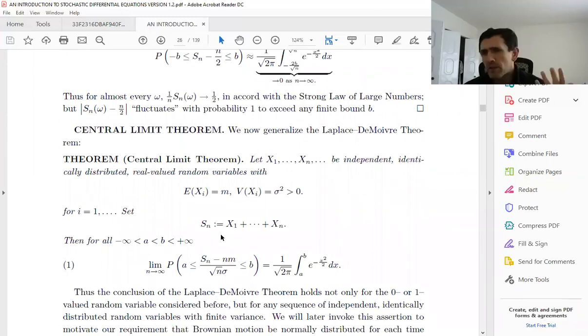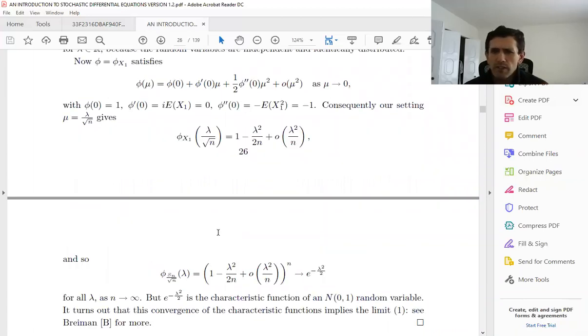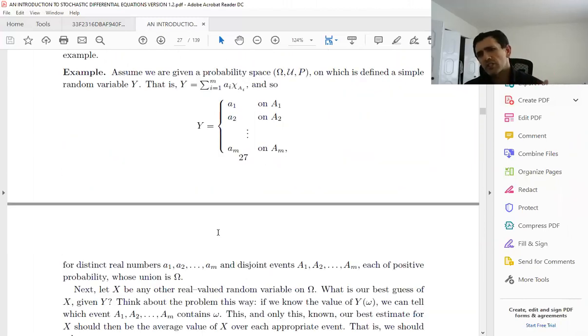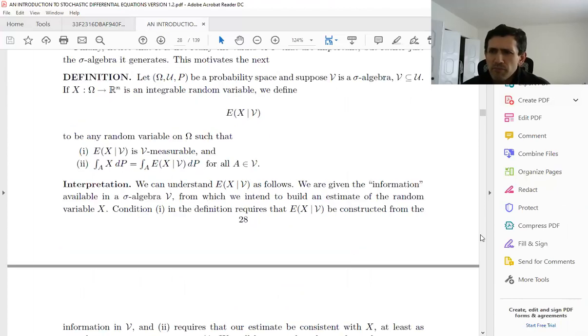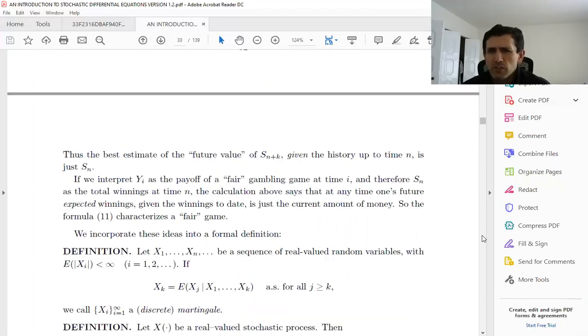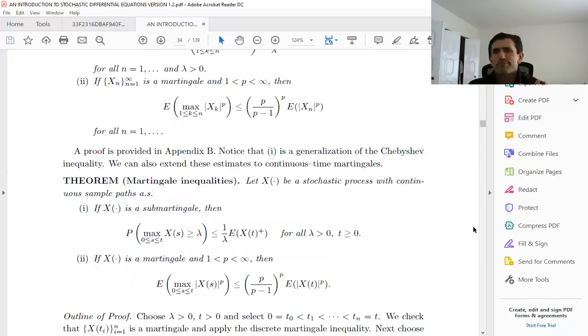They talk about Brownian motion. Of course, you need Laplace-De Moivre to do Brownian motion. They talk about conditional expectation, all this good stuff. Plus, if you're interested in applied math, stochastic differential equations is very, very useful in modeling just about anything in real life.